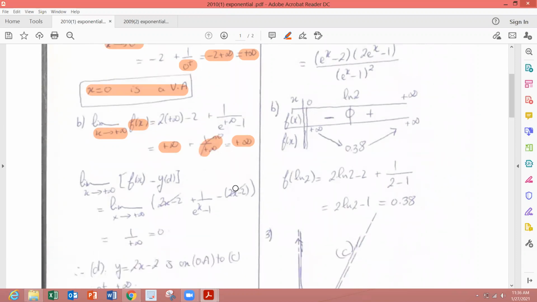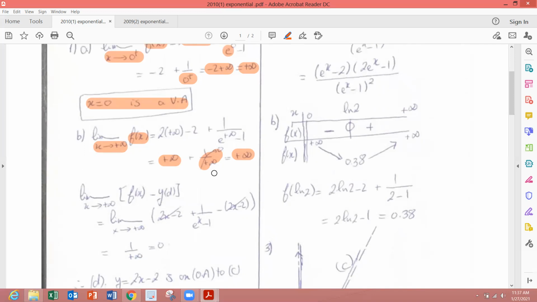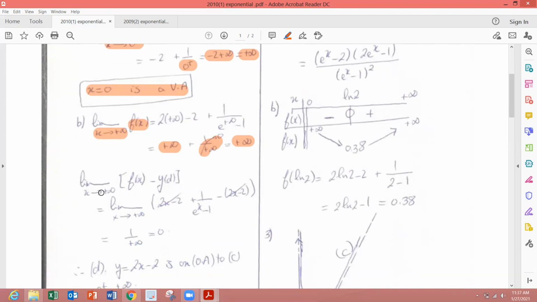To verify that the line D of equation y equals 2x minus 2 is an asymptote, we calculate the limit as x tends to plus infinity of f(x) minus y_D. f(x) is 2x minus 2 plus 1 over e^x minus 1, minus y_D, which is 2x minus 2. 2x minus 2 minus (2x minus 2) is 0.